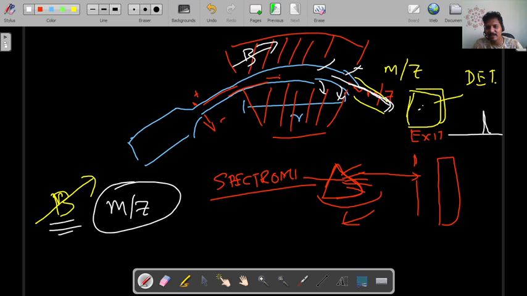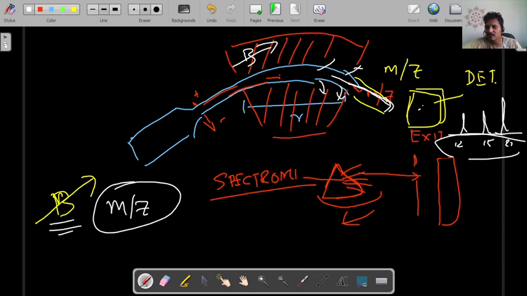So suppose initially 15 comes out, then you change your magnetic field intensity. For this particular setting, say 25 comes out, then again you change your magnetic field, say for that 12 comes out. Now you have categorized the ions according to their mass to charge ratio.